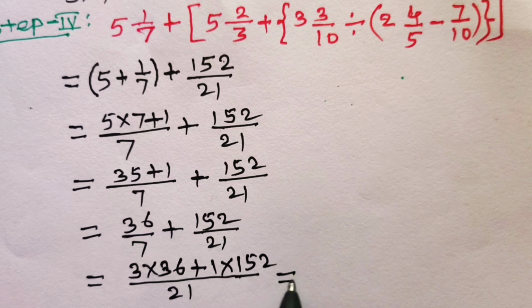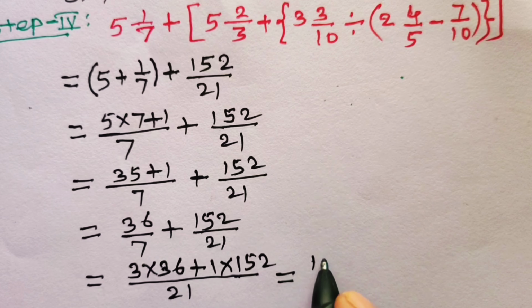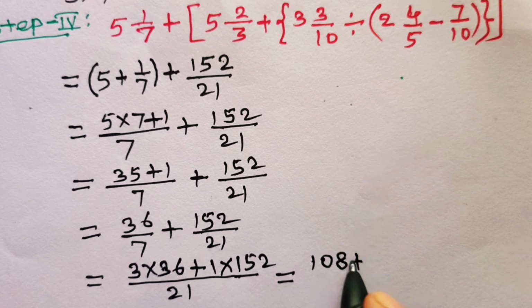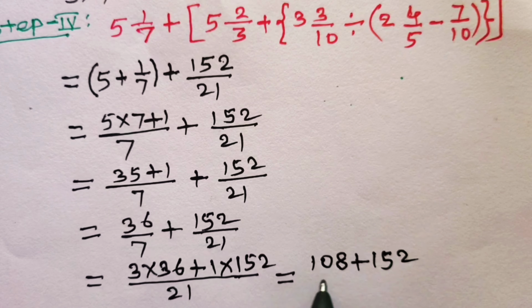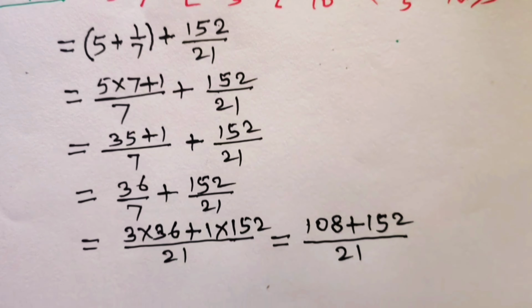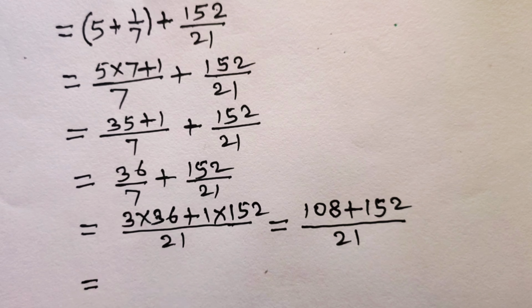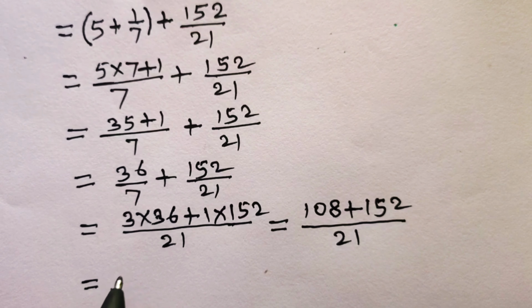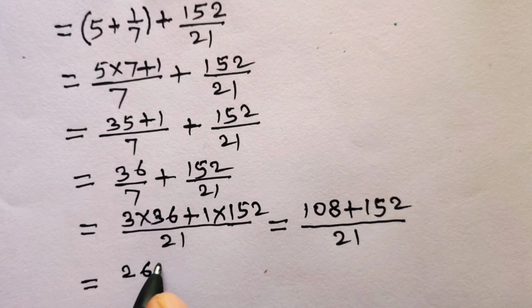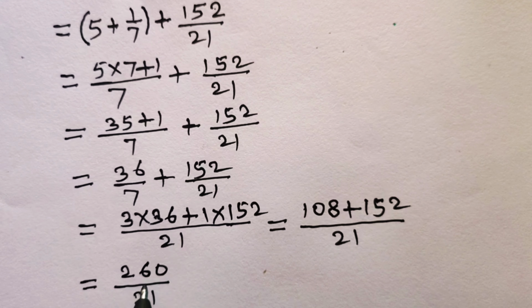This is equal to 3 into 36, 108, plus 1 into 152, 152 over 21. Now this is equal to 108 plus 152 is equal to 260 over 21. This is an improper fraction.